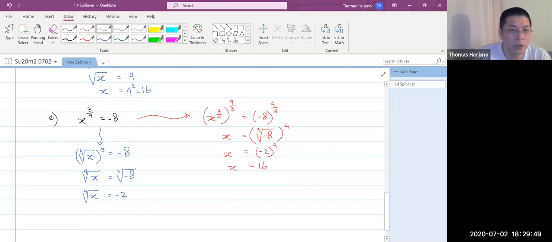Now, if you think about it, notice that this basically gives us the positive branch. The value on the right hand side here, by definition, should give us the positive branch, the principal branch.